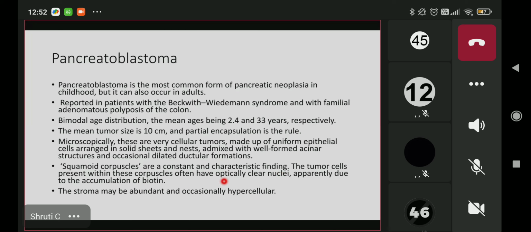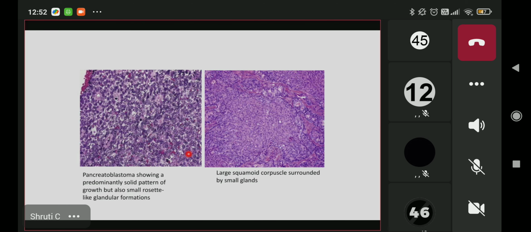The tumor cells within these corpuscles often have optically clear nuclei, due to the accumulation of biotin. Stroma may be abundant and occasionally hypercellular. Like in this picture, usually they are solid sheets, but some ductular arrangement structures can also be seen. And this is a big squamoid corpuscle, which is surrounded by small glands. This is squamoid or squamous-like.